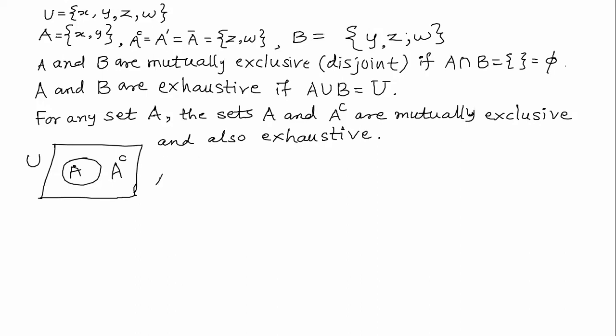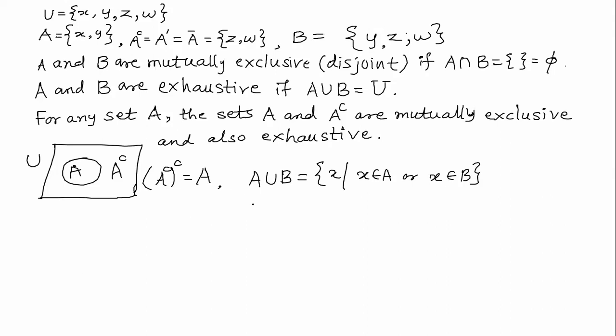There are some interesting properties. This is A complement, and the complement of that is nothing but A. Then we know A union B is the set of all x such that x belongs to A or x belongs to B. This is inclusive OR.